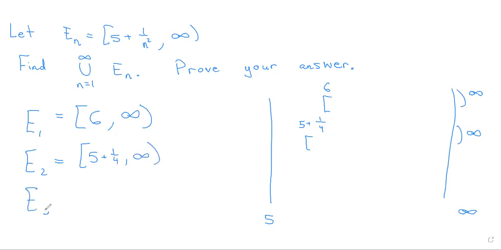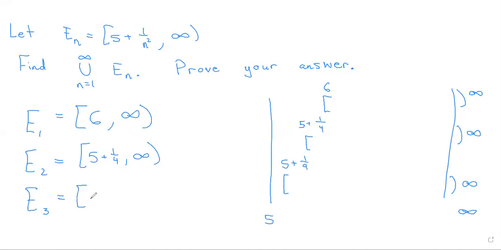The next one will be 5 plus 1 over 3 squared, which is 9. So if we can see, this is getting smaller and smaller, so we'll get closer to 5. This side remains to infinity.